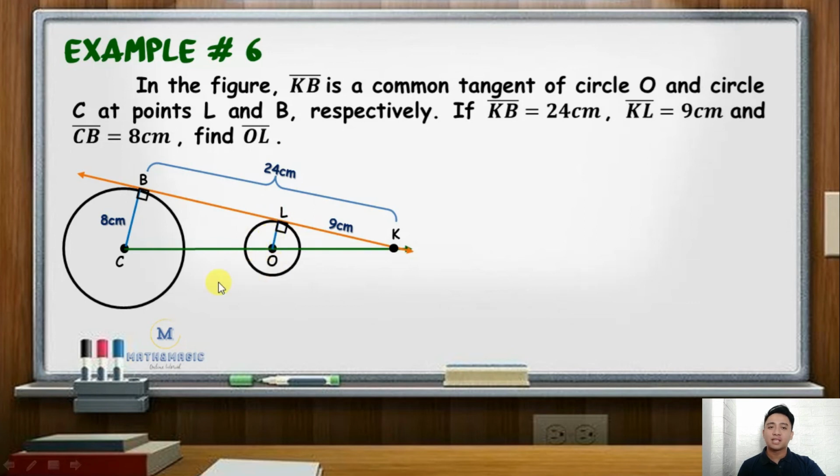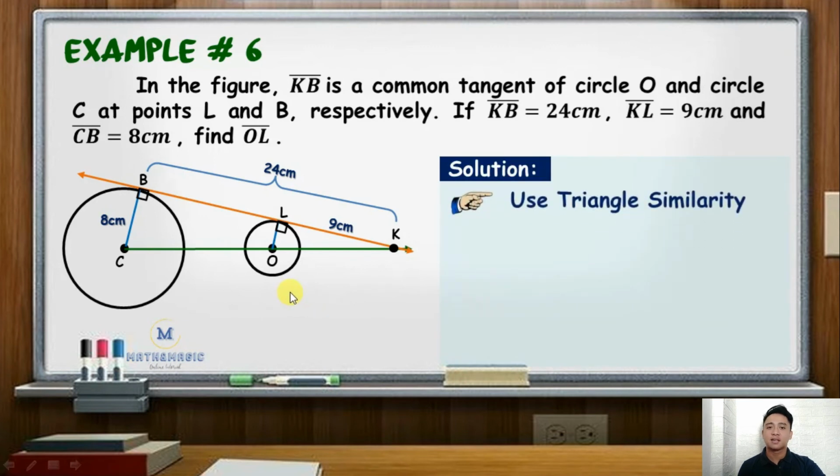Now when dealing with this kind of item, it is suggested to use the concept of triangle similarities. The similarity suggests using the proportionality of the parts of the smaller right triangle KLO in relation to the larger right triangle KBC.